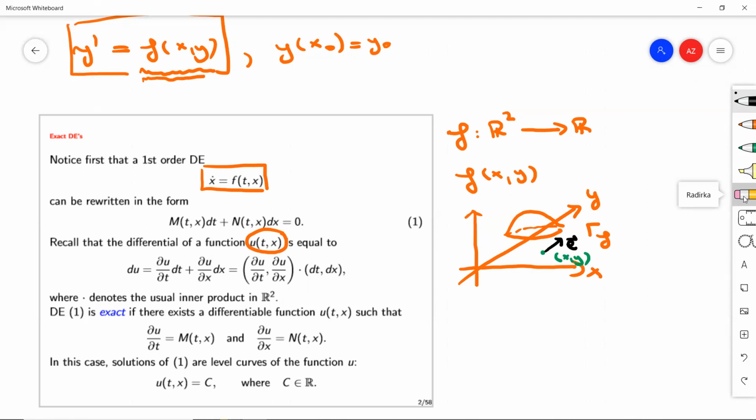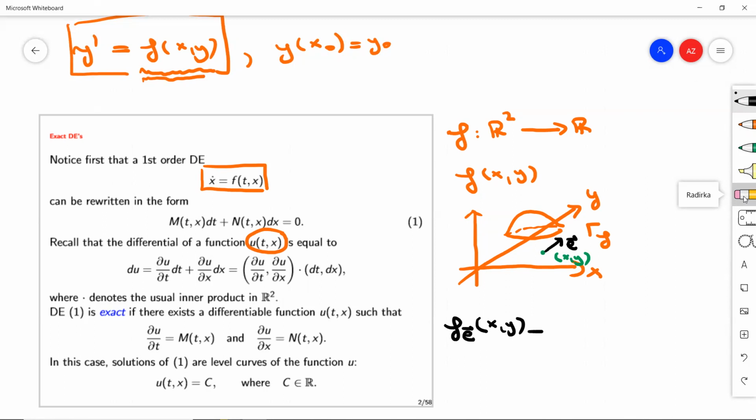So probably you recall from calculus that we should calculate the directional derivative of f in the point x, y in the direction e. We were writing this as f subscript e, x, y.